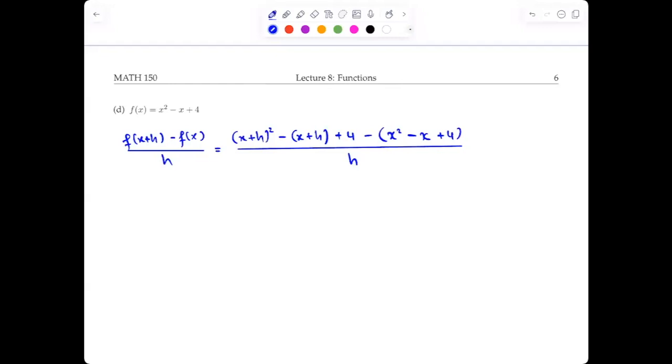You okay with this? Right, and then you FOIL it out. You should get x squared plus xh plus another xh plus h squared. So that's how you do it. And you combine the two middle terms together. You should get x squared plus 2xh plus h squared.